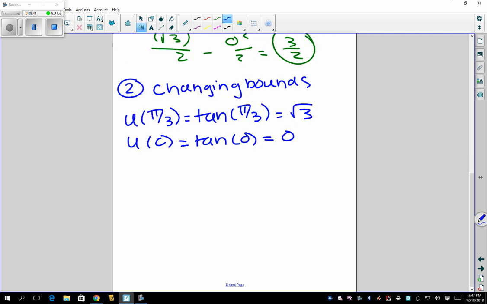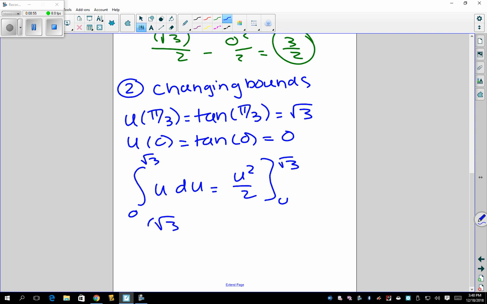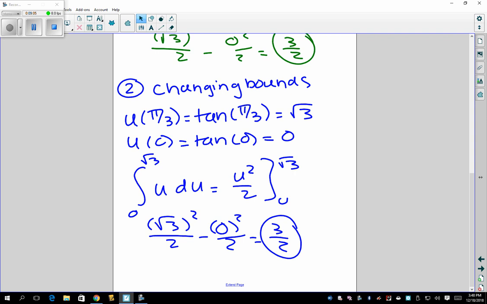So when I take my integral of u du, my bounds change from 0 to root 3. This becomes u squared over 2 from 0 to root 3. Then I get root 3 squared over 2 minus 0 squared over 2. So I still end up with the same thing. It's just a slightly different method of how to get there.